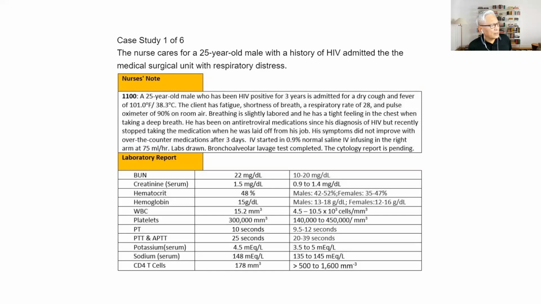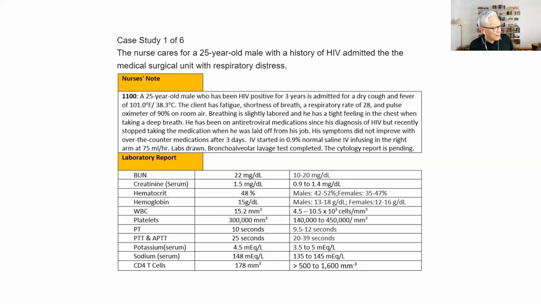IV started in normal saline, infusing in the right arm at 75 cc's per hour, labs drawn, bronchoalveolar lavage completed, the cytology report is pending. And you see all these laboratory reports: BUN is okay, creatinine is okay, hematocrit okay too, hemoglobin okay, WBC is high.